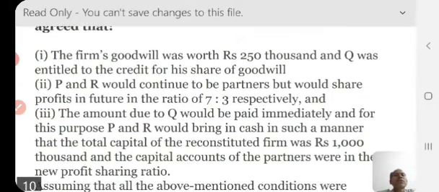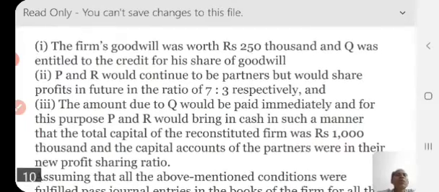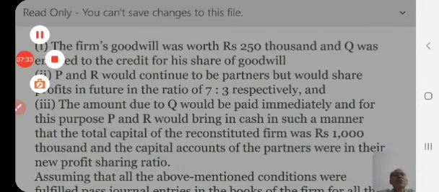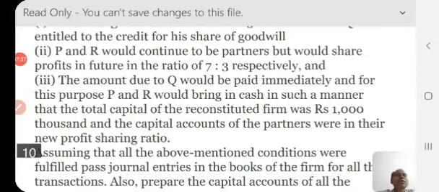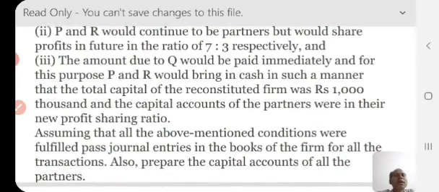Q is entitled to the credit of his share of goodwill, and P and R continued as partners in the firm, and Q should be paid immediately.